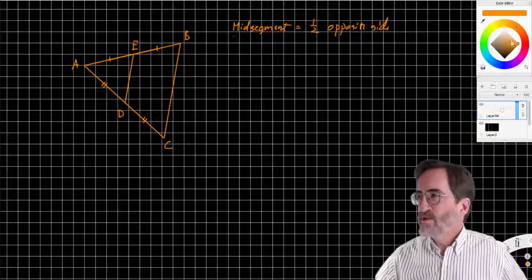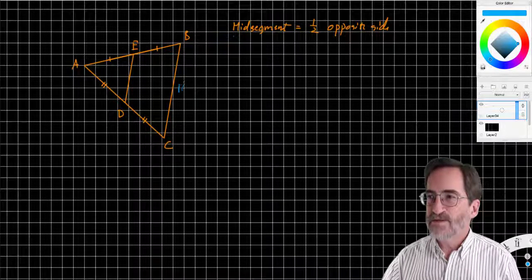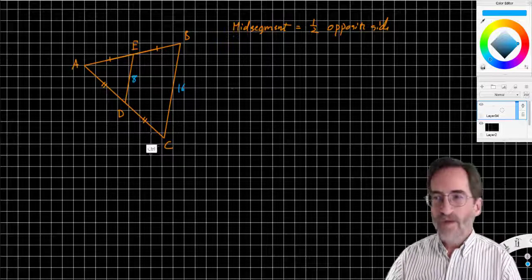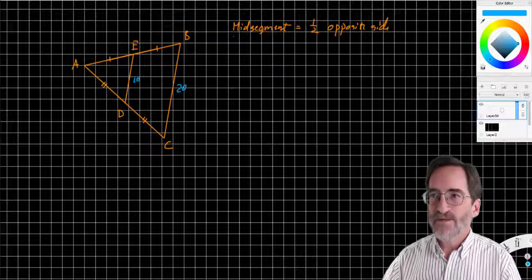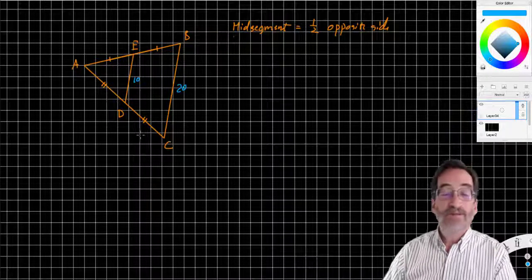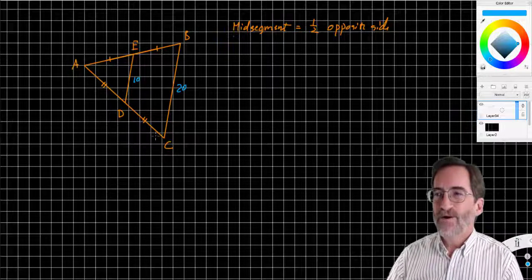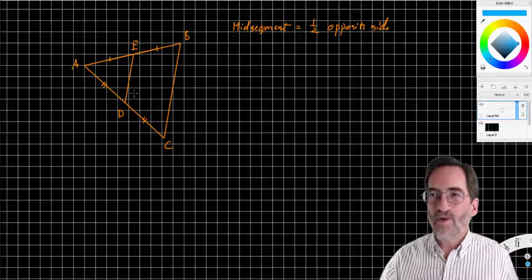So in this particular case, if the opposite side is 16, then the mid-segment is 8. If the opposite side is 20, the mid-segment is 10, because the mid-segment is half of the opposite side. And we can use that to answer all kinds of questions.